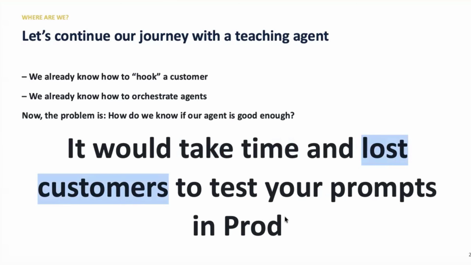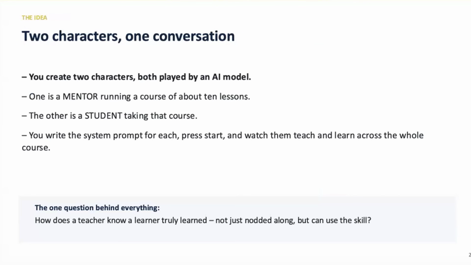With these LLMs, now we can simulate people, simulate some dialogues, and that's what we're going to do in the next task. So our goal is to create two characters, and both of the characters would be played by an AI model. This AI model is written by you, and so we have two roles. One role is a mentor that is running a course of, let's say, 10 lessons.